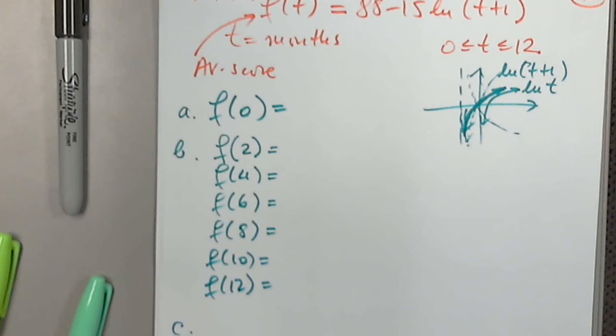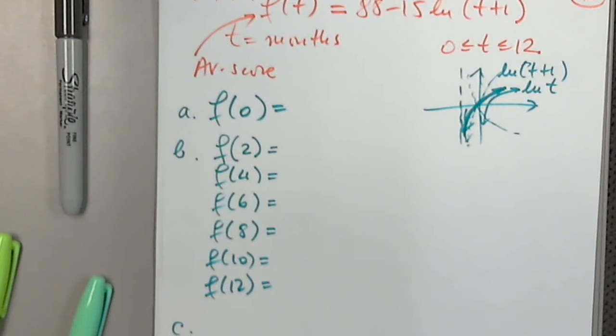Okay, so let's put this in the graphing calculator. In y equals, clear if you have anything. So we have 88 minus 15 natural log, in parentheses x plus 1, we don't have t. And then I go back to second and table, and I punch in what I need.